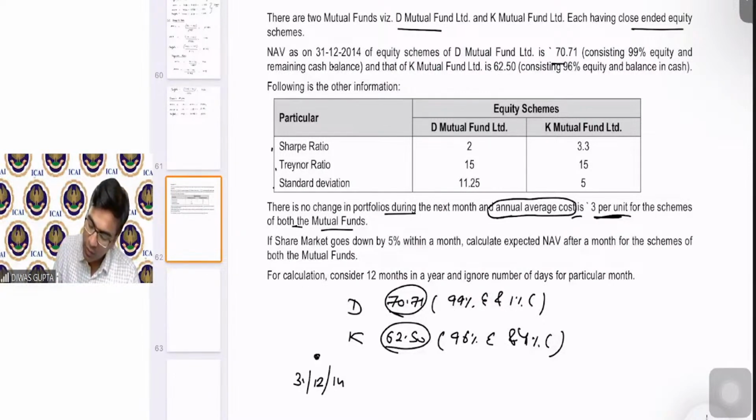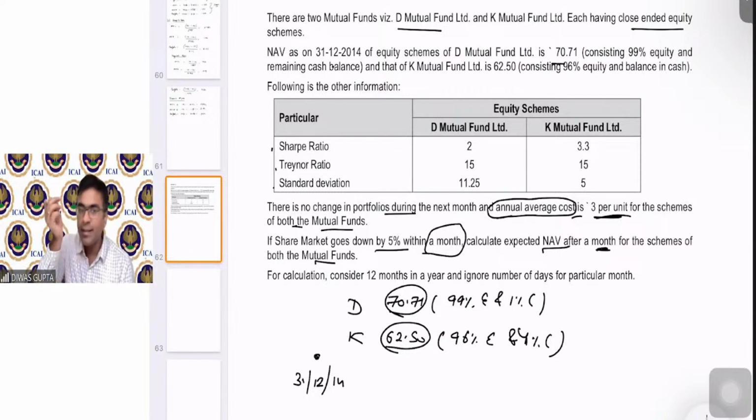If the share market goes down by 5% within a month, calculate expected NAV after a month for the schemes of both the mutual funds. So they are saying that the share market goes down by 5% and hence you calculate the NAV after that.